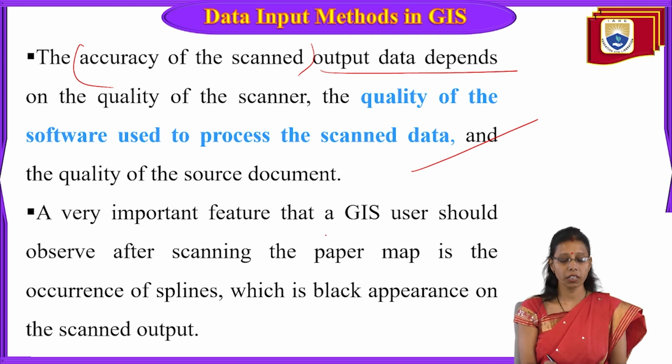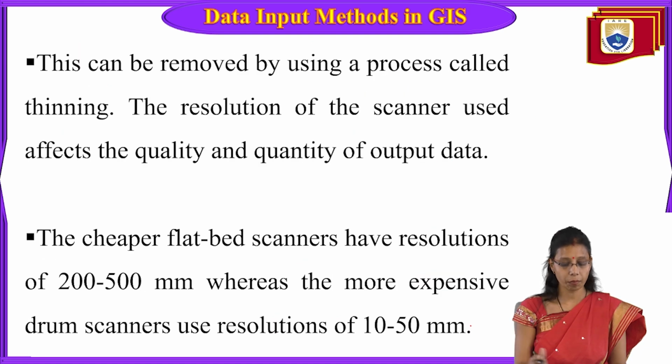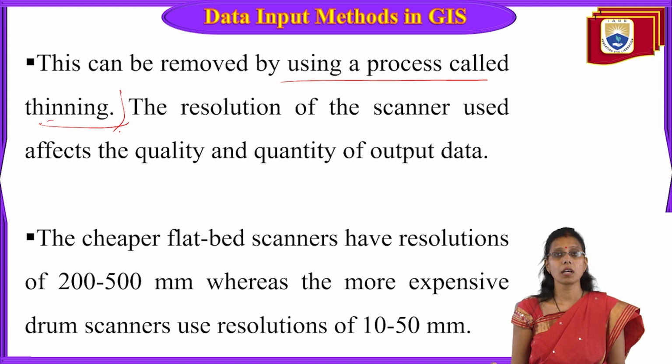A very important feature that a GIS user should observe after scanning the paper map is the occurrence of spillines, which is a black appearance on the scanned output. This can be removed by using the process called thinning.